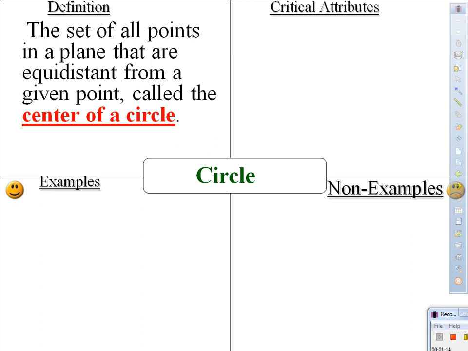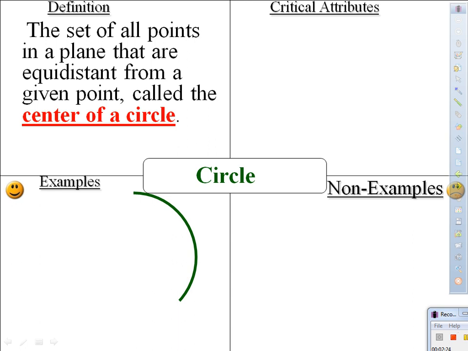According to the definition, it says the set of all points. So I'm going to sketch a circle using a bunch of points. I'm going to start up here and start sketching an infinite amount of points. And there's my circle.